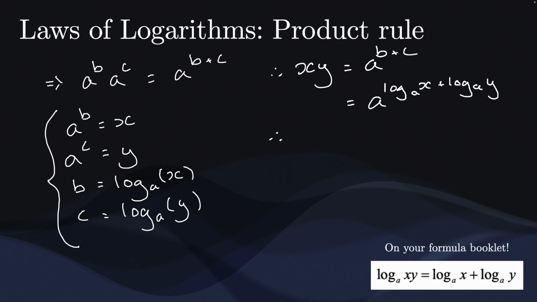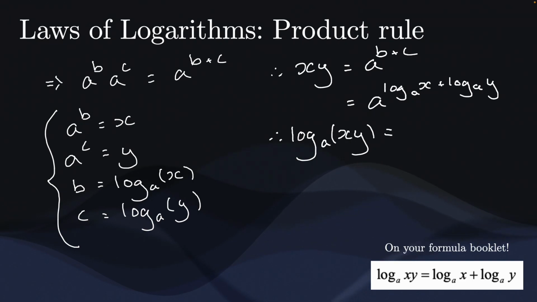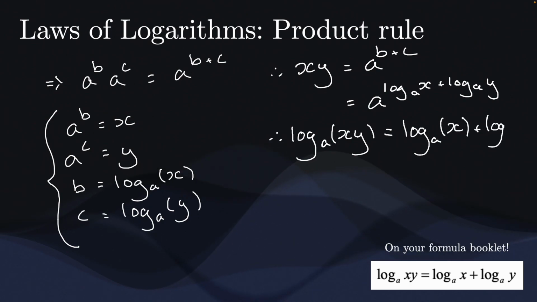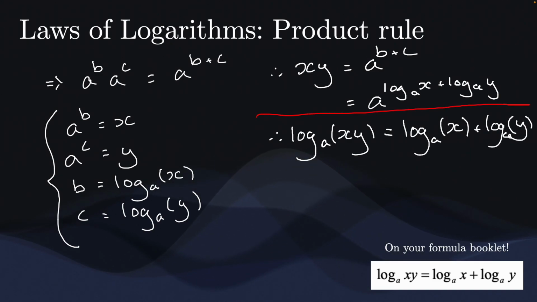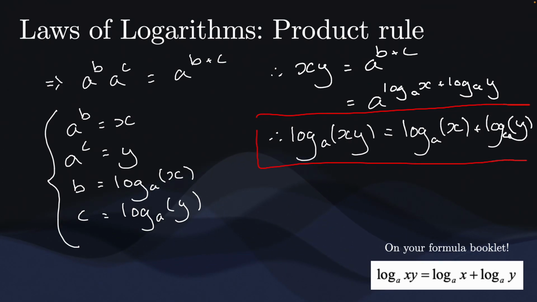So log base a of xy is equal to log base a of x plus log base a of y. Sorry, that's a bit tight. And that's our identity. Again, this is given to you in your formula booklet, so you don't really need to fully memorize this. But it's a cool derivation, and it allows us to do a lot.